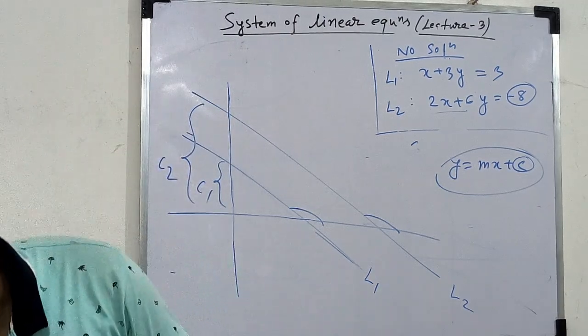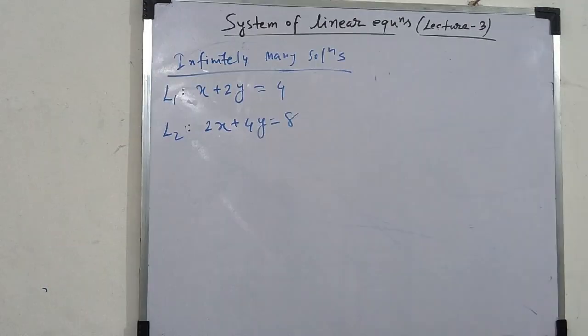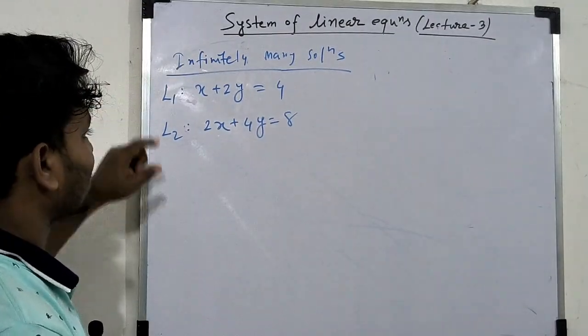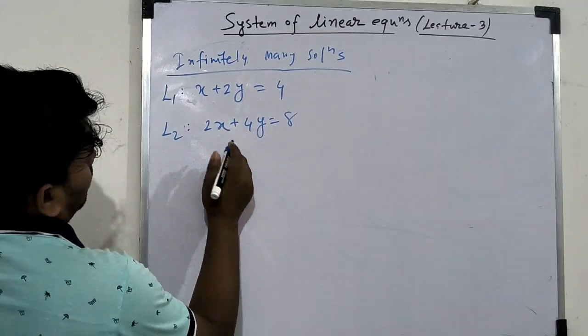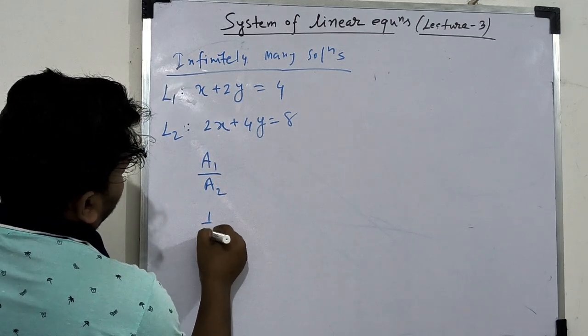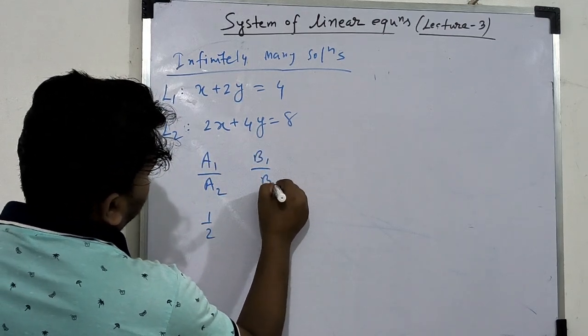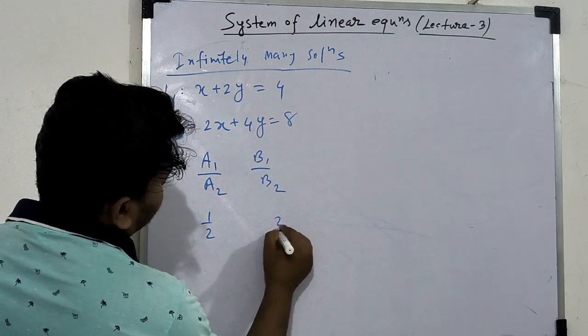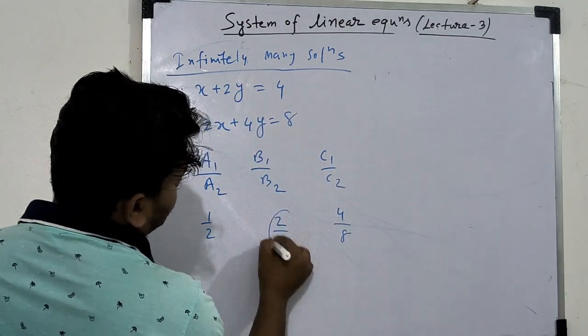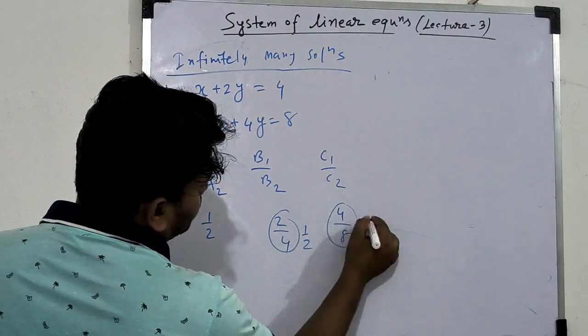That's it. And the last case, now we discuss the infinitely many solutions case. So these two equations are given. From these two equations, you can find a1 by a2, that will be 1 by 2, b1 by b2, that will be 2 by 4, and c1 by c2, that will be 4 by 8. So this is also 1 by 2, this is also 1 by 2.